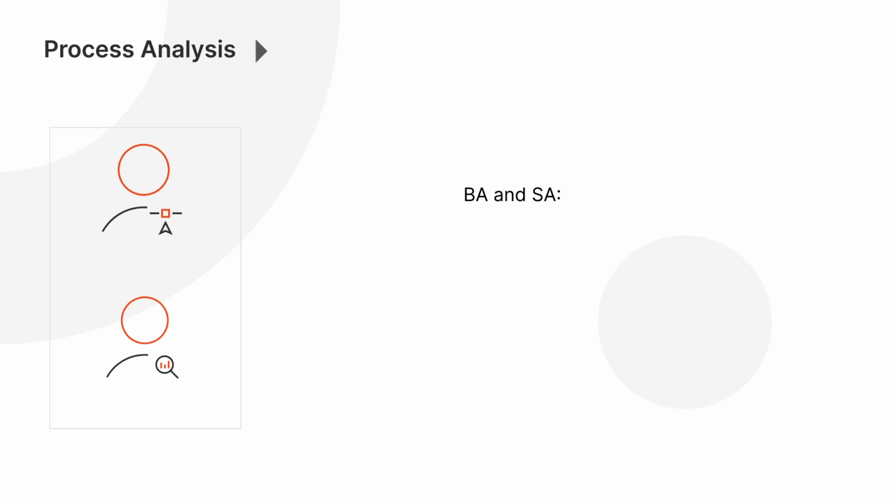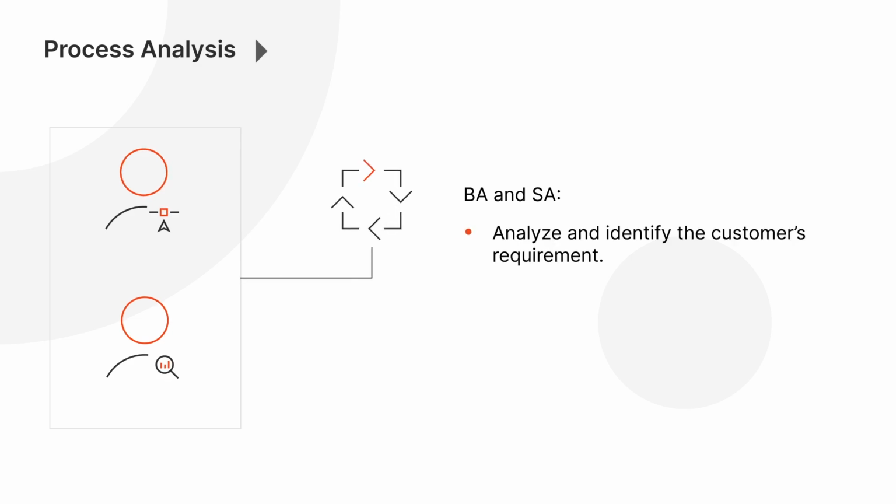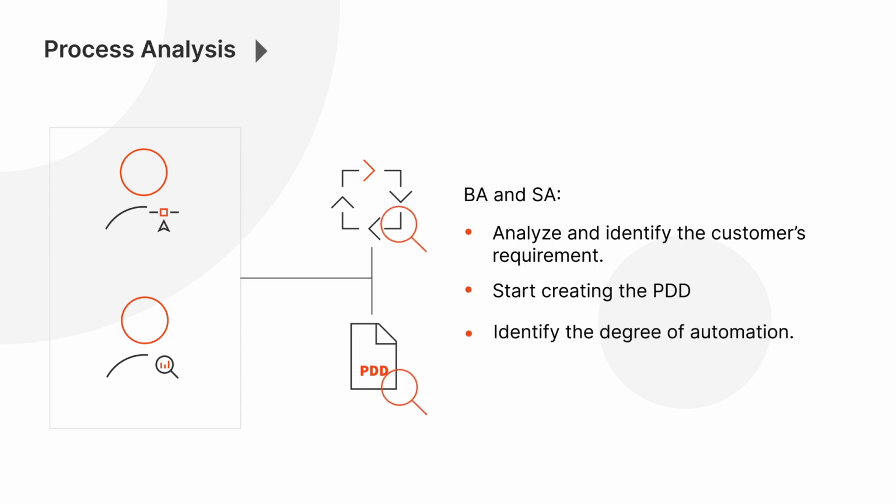The key people involved in this phase are the solution architect, the project manager, and the business analyst. Here, the business analyst and the solution architect work together to analyze the chosen process in its as-is state and draft the process definition document. Using this analysis and based on the complexity of the process, they can determine the extent to which it can be automated.